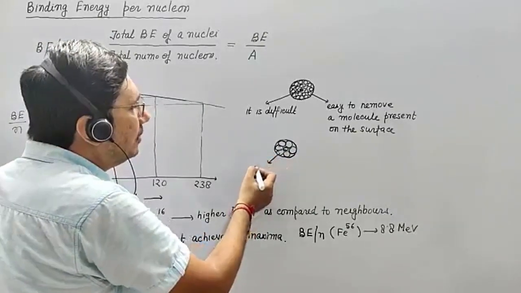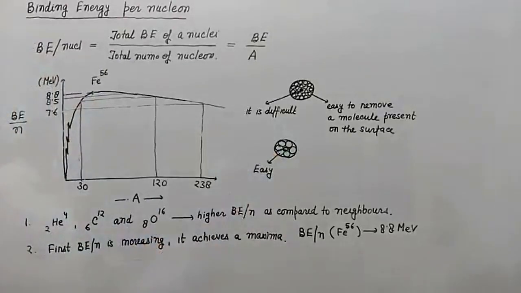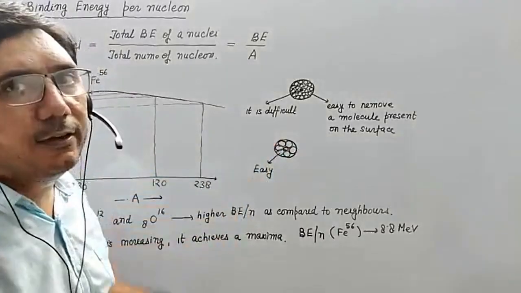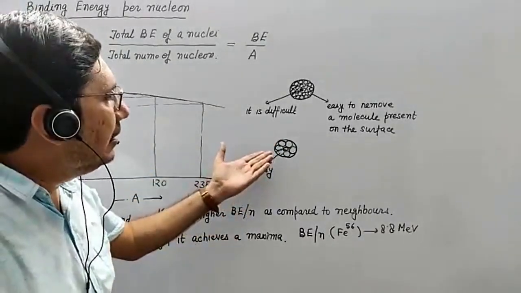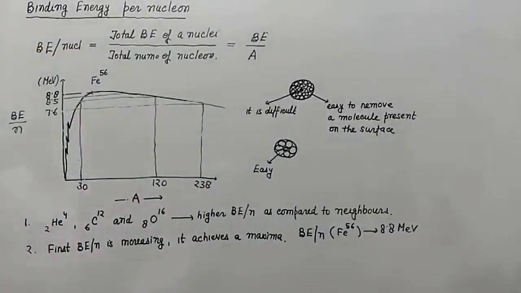So it is easy to remove nucleons present on the surface of the nucleus, which means these nucleons are reducing the binding energy.